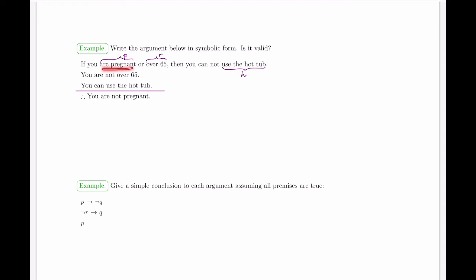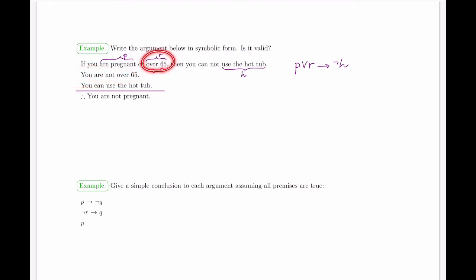First of all, I have if you're pregnant or over 65, so P or R, then you cannot use the hot tub. Implies not H, no hot tub for you. Then I am told you are not over 65.